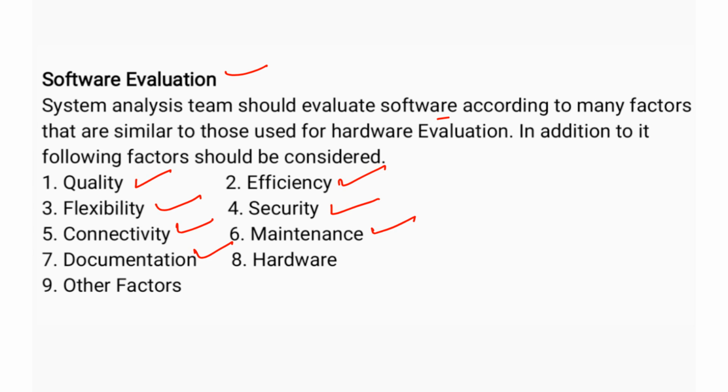If anything happens, you can go through these documents and analyze, and it will help for further modification. Then whether it is compatible with the existing hardware that will be connected to that software. Then other factors like performance, cost, reliability, availability, all those discussed before. These are the factors you need to consider when evaluating software.